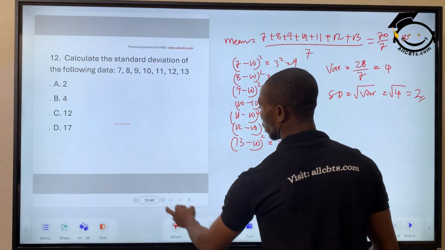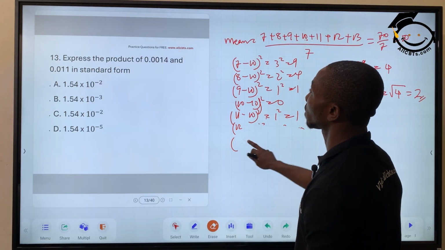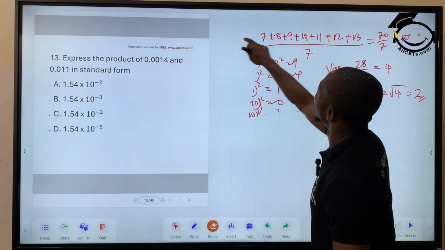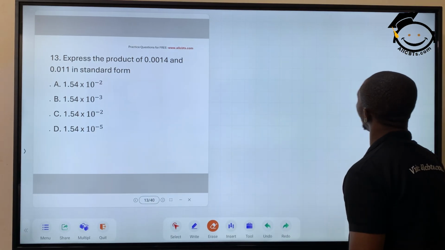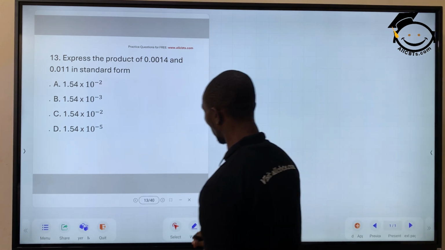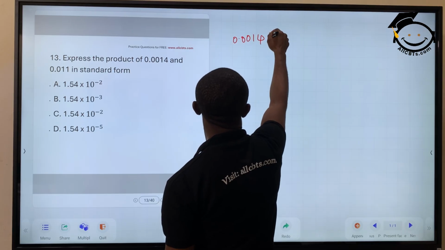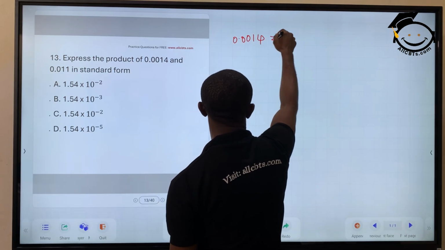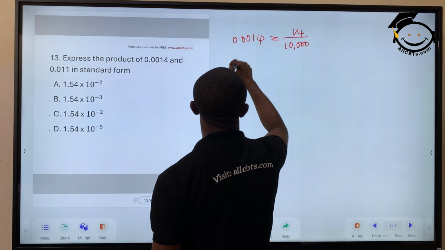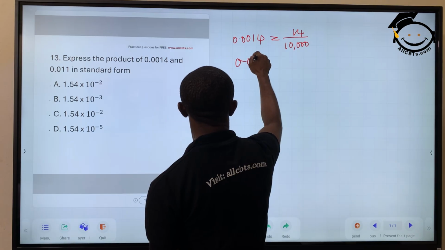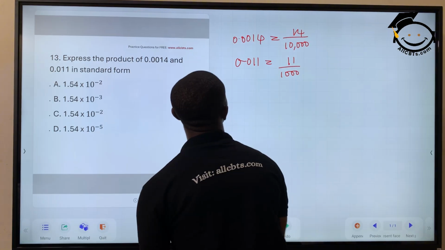Okay, so our next question says express 0.0014 and 0.011 in standard form, as a product. So in expressing this, we have 0.0014. Let's turn it to a fraction. This becomes 14 over 10,000. And 0.011 in fraction will be 11 over 1,000.